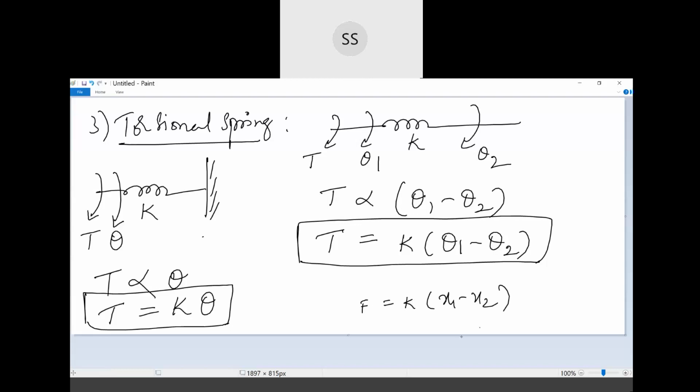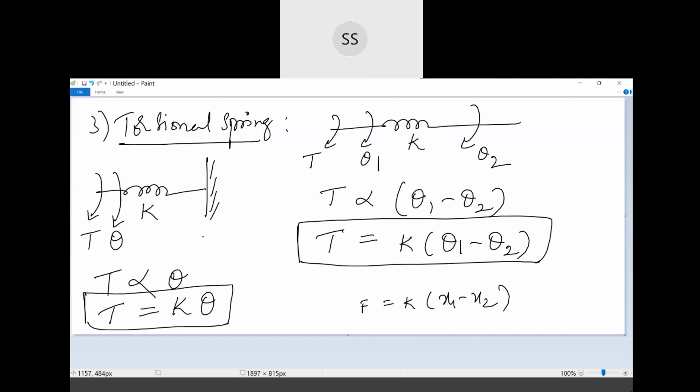All these elements are concerned with linear displacement, whereas in case of rotational systems, elements are put into rotational movement because of the applied torque T. Therefore instead of x we write angular displacement theta, instead of force F we write the torque T, and if K is a linear spring constant, in the rotational system K will be known as the torsional spring constant. So these are the three ideal elements in case of rotational systems.